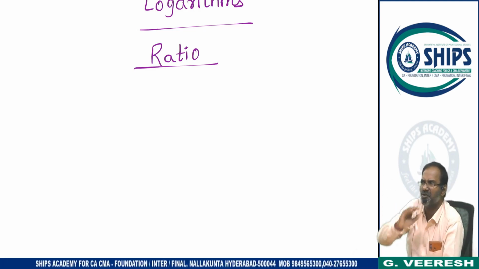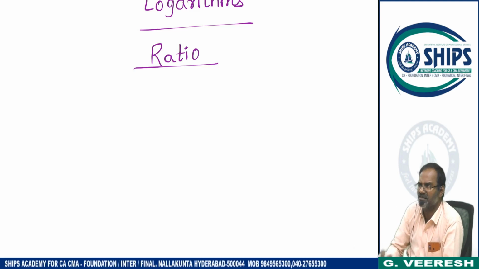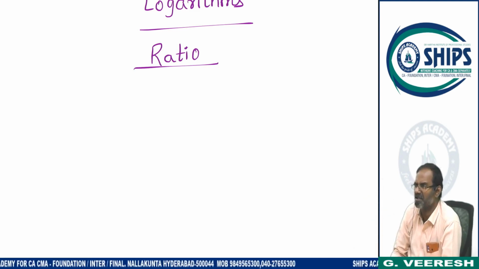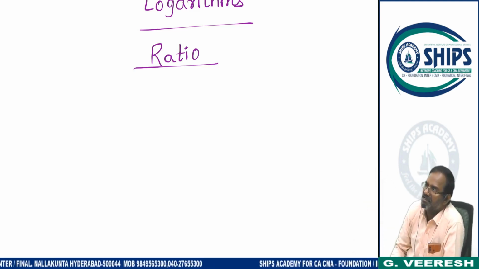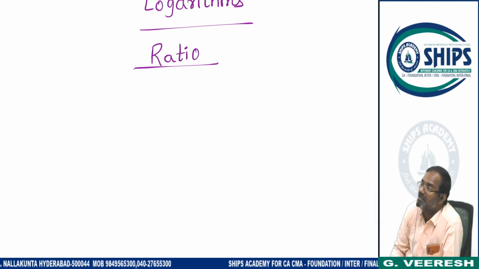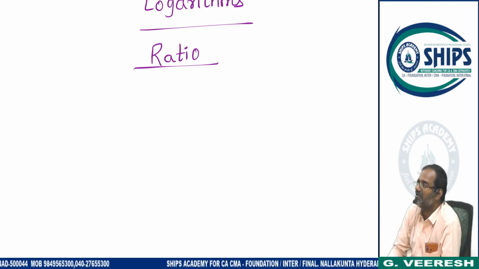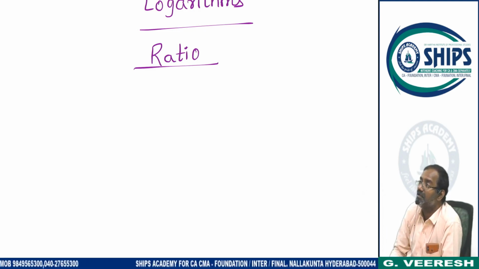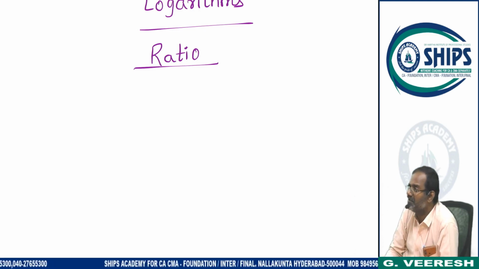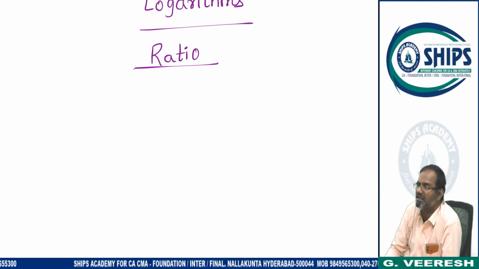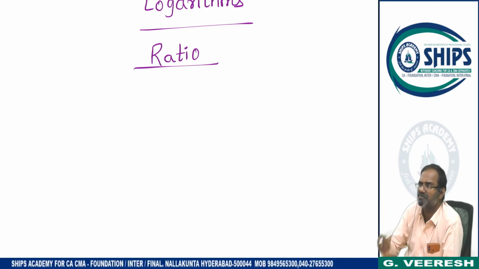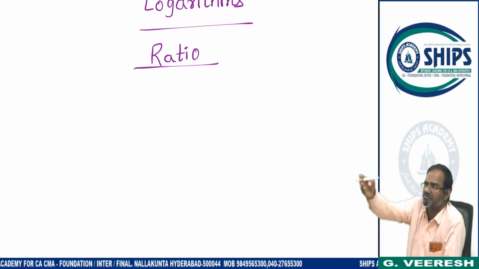Now, first ratio. Ratio means these 4 students. Why have I asked them? Because that is previous knowledge I want to check. Others, MEC students, can you tell about ratio? You have any idea? Ratio means what? Division. Okay. Other than division? Comparison between 2 parties. Okay, that's correct. Any other answers?